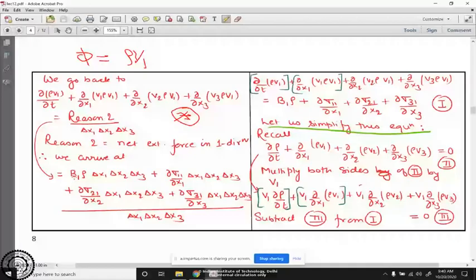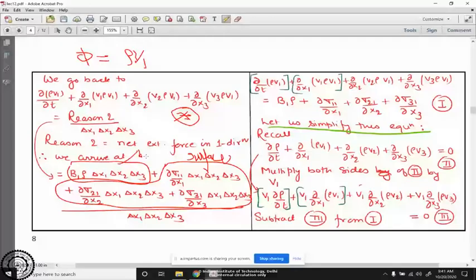Reason 2 is the net body force acting on the fluid element in one direction, and then net surface force acting on the fluid element in one direction. This is surface and this is body.